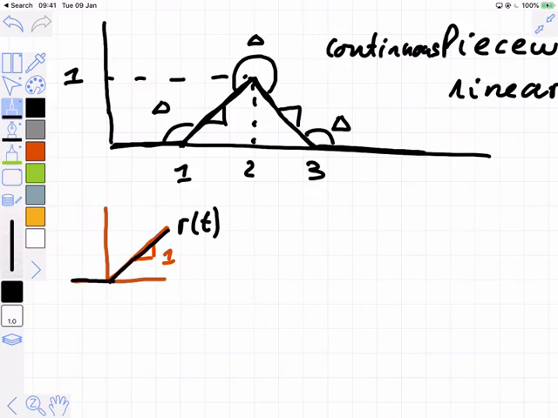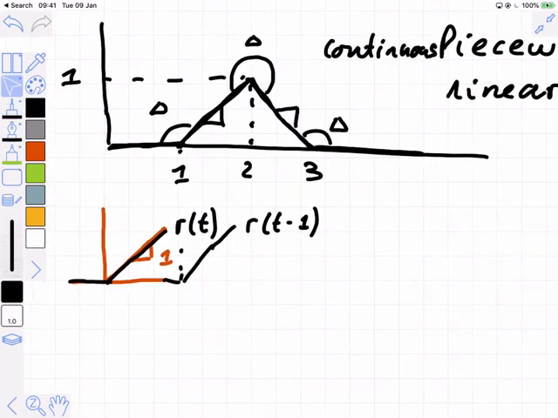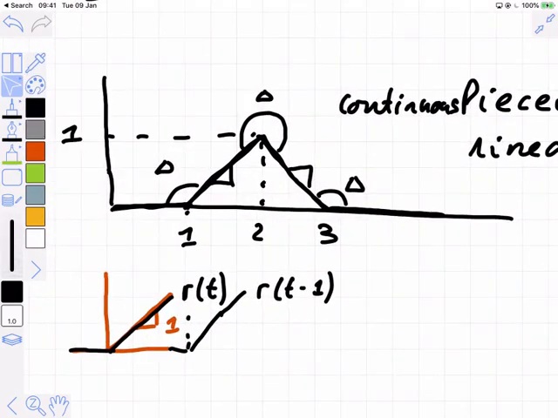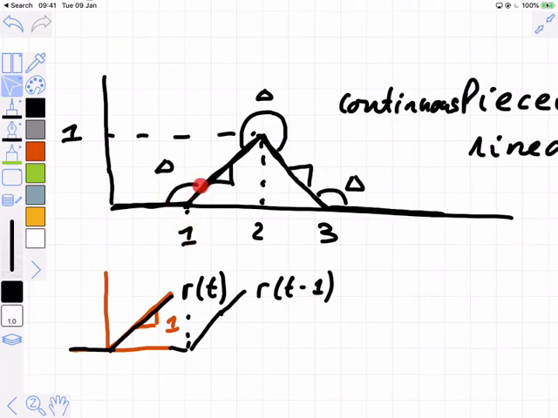And let's just say that we want to model a change in slope at a particular time. Again, if we translate that same signal to coincide with 1, I'm going to have R of t minus 1. Does that make sense? And again, we notice this time that the time at which the slope changes corresponds to the time that we translated the ramp by.